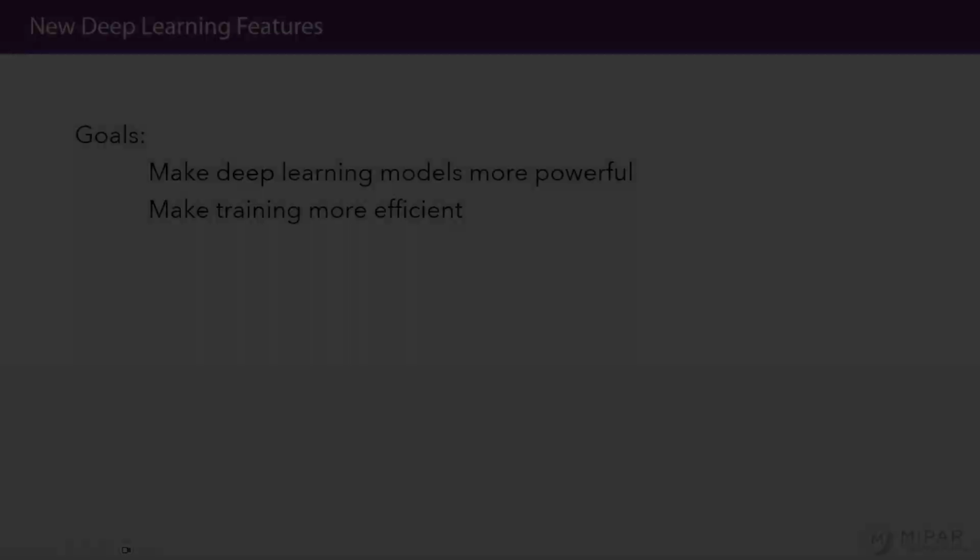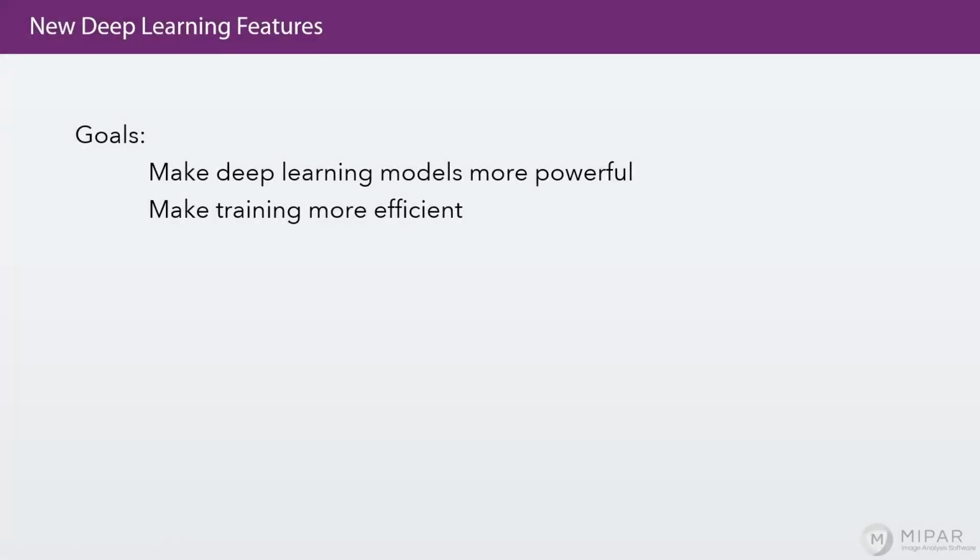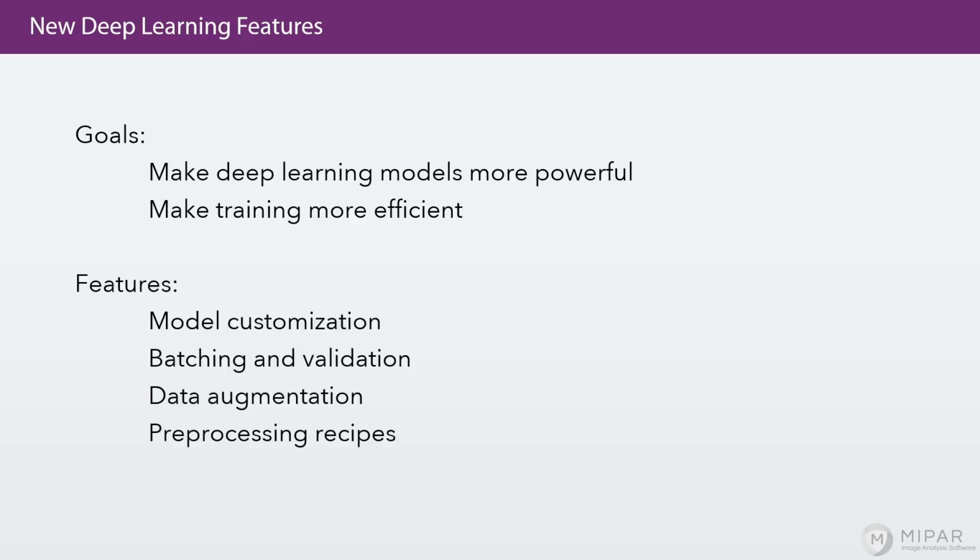Lawrence? Thank you, John. I'm very excited to share our new deep learning features with you all. We really have 2 goals. First is to enable our deep learning models to do more, and the second is to produce DL models more quickly. We have 4 different features that I'll go over here today that meet these goals. First is model customization.